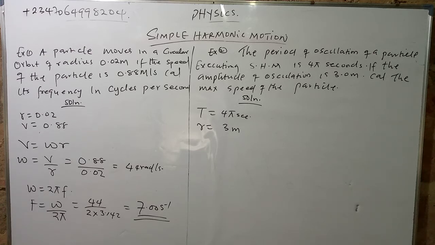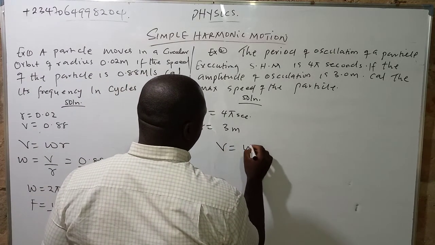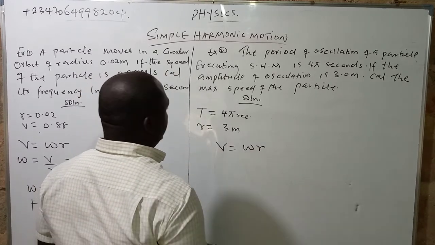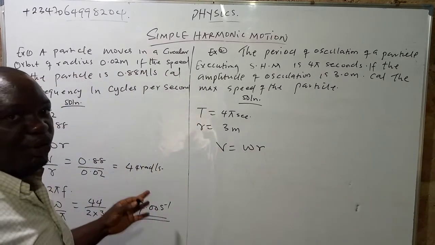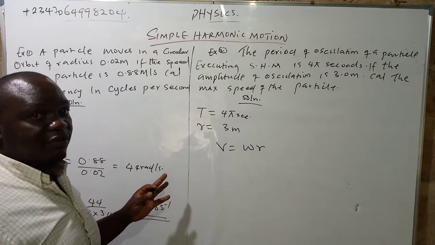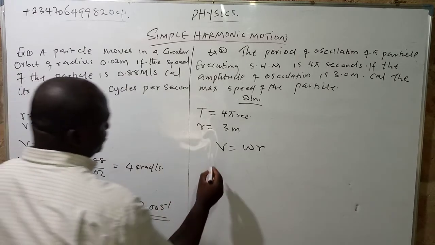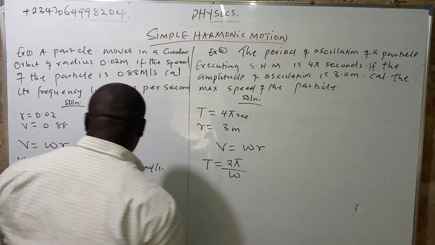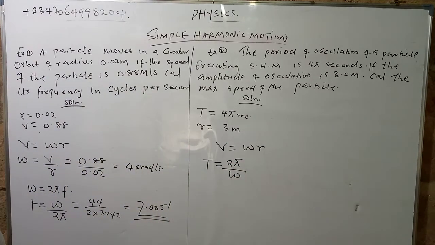We already know that when we calculate the speed, v is equal to WR. Now, we already have R, but we don't have W. But we have a formula that relates the period to the angular velocity, and that is that period is equal to 2 pi all over W, and that's the formula that relates the two quantities.